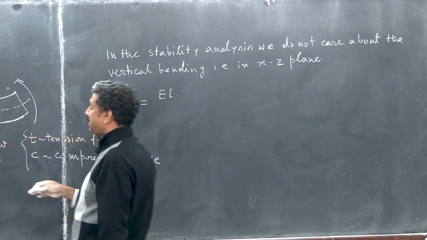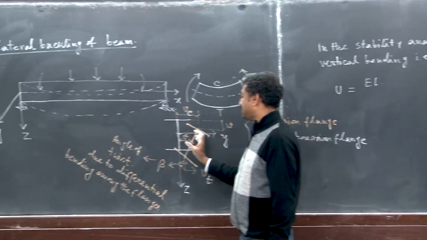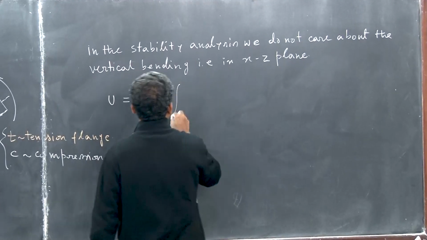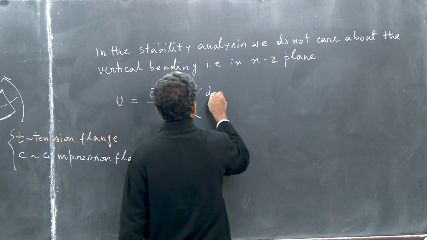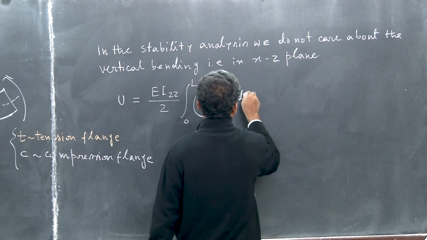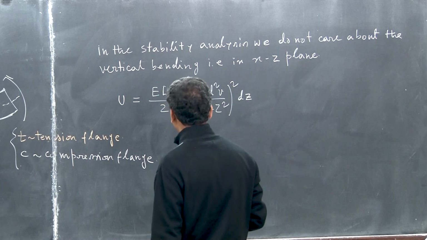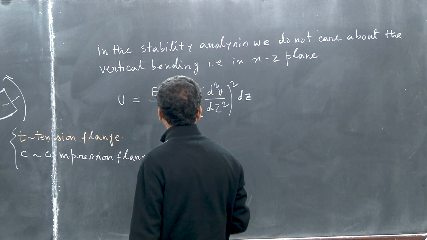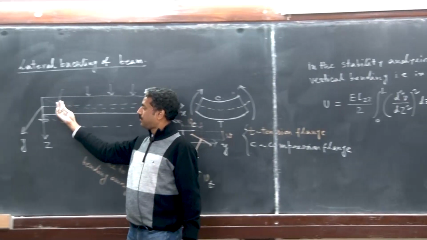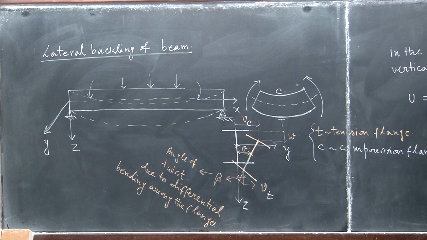The first term is EI, because of lateral bending, that is the bending with respect to the Z axis. So it is E I_zz by 2, integral 0 to L, (d²v/dz²) squared dz, right? Here v is the lateral displacement component, and that is what is happening.